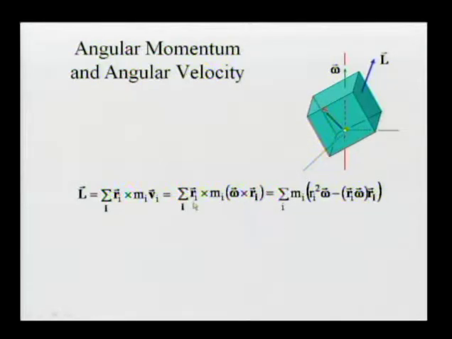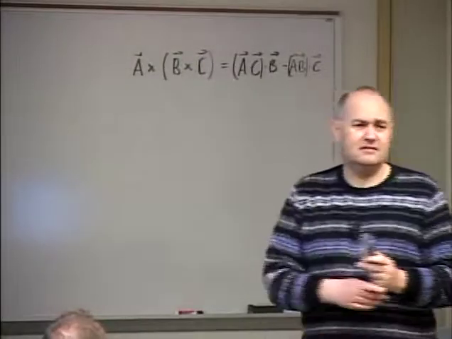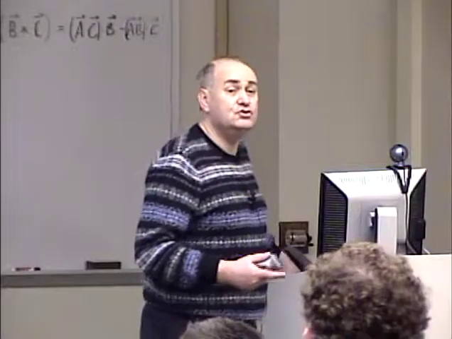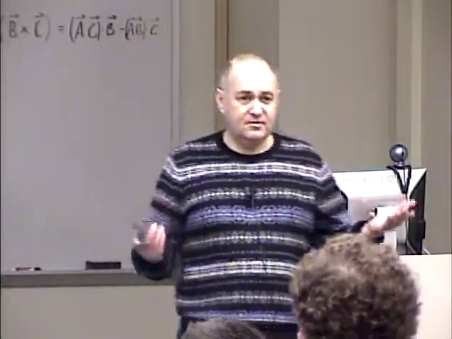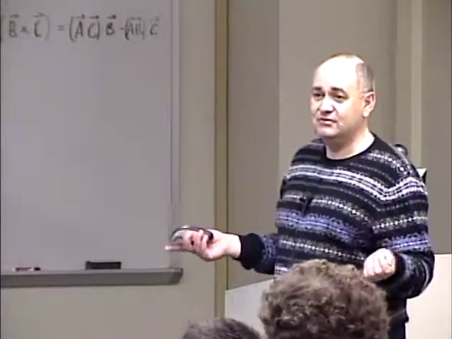And the second one requires that I multiply the first vector by the second vector using the scalar product, multiplied by the third vector. Do you recognize that this is the same thing? We had this formula when I introduced the vector product, but since then I never used it.